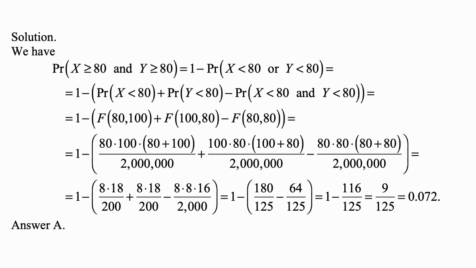That's equal to 1 minus 18 over 125 minus 18 over 125 minus 64 over 1000... or 1 minus 116 over 125, or 9 over 125, which is 0.072. That's answer A.